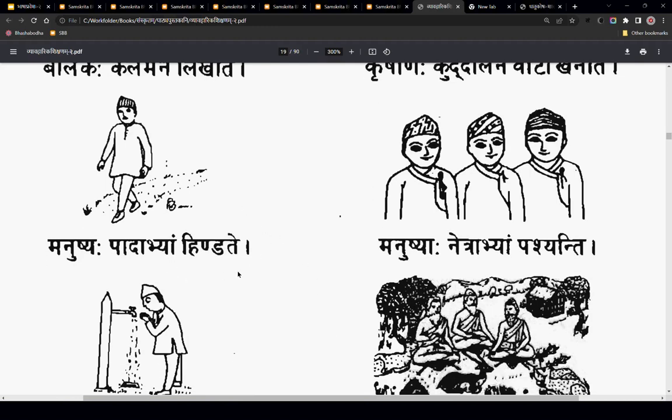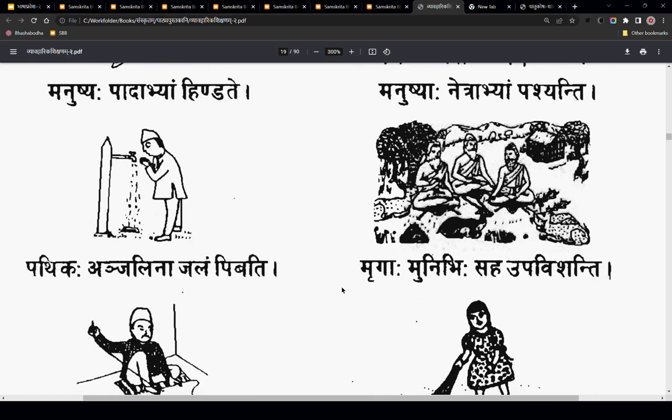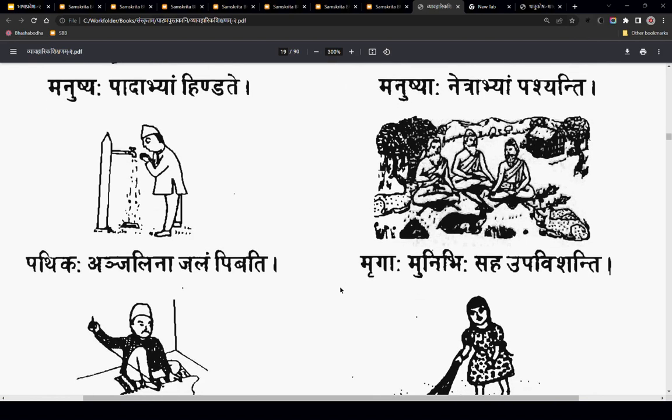Again we are looking at हिण्डते, चलति, अटति, with his two feet. मनुष्याः नेत्राभ्यां पश्यन्ति, with their two eyes. पथिकः अंजलिना जलं पिबति.